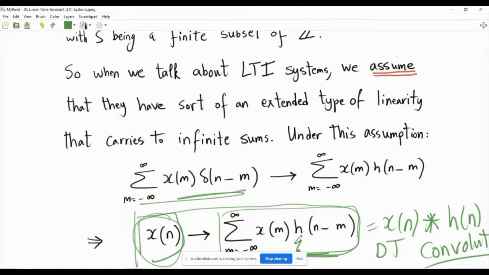But again, I emphasize, you can come up with examples of LTI systems that satisfy the original definitions of linearity and time invariance, and whose behavior cannot be captured by an impulse response function. Those systems are not of interest to us.